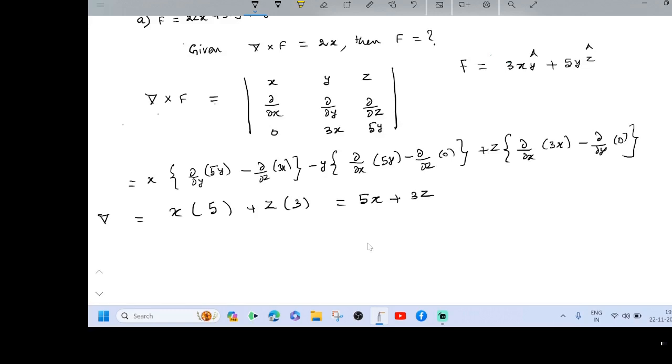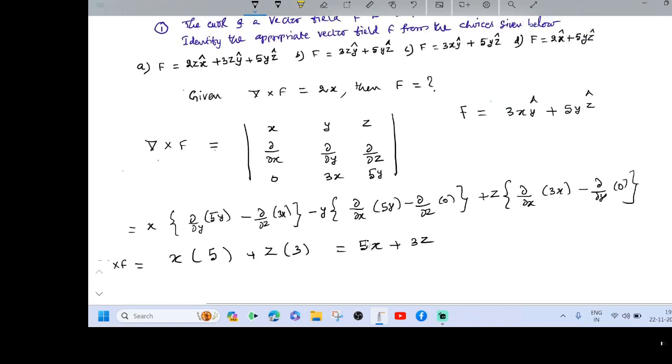This is the value of curl f. If you select f is equal to 3xy plus 5yz, the curl f is equal to 5x plus 3z. But we need the answer 2x. Therefore, this option is not correct. Next, take this option D.